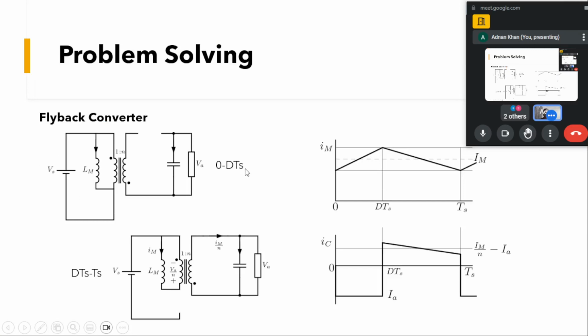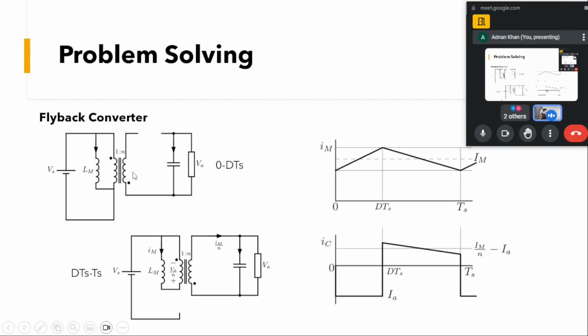Now first we'll take the 0 to DTS interval. For this interval this switch is closed, this switch is turned on, and you can see that when this switch is turned on, this dot will have a positive voltage.